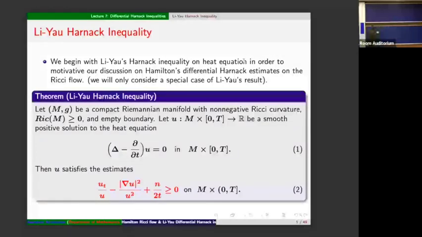If this is equal to 0, where u is a function of x in M and t, restricted to this time interval, then their result says that the solution u satisfies this inequality.